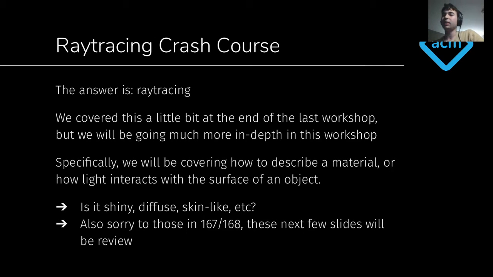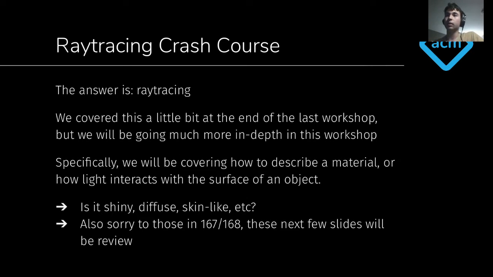Basically, you covered it a little bit at the end of the last workshop. I'll actually go over ray tracing later, but also more specifically in this workshop, we're going to be covering how you can describe materials, and is there a universal way we can describe a material using just a few different parameters? So is it shiny, diffuse, skin-like, does the light scatter through it and then come back up, like that.